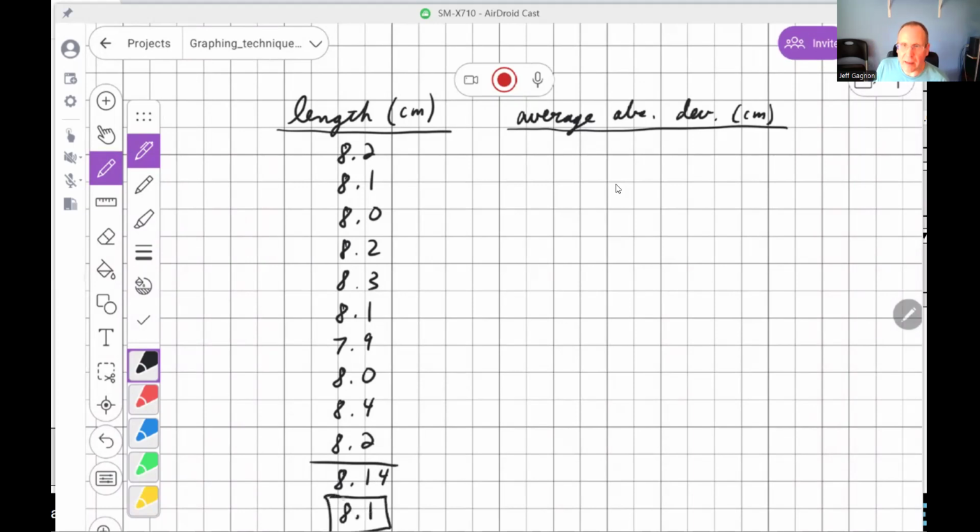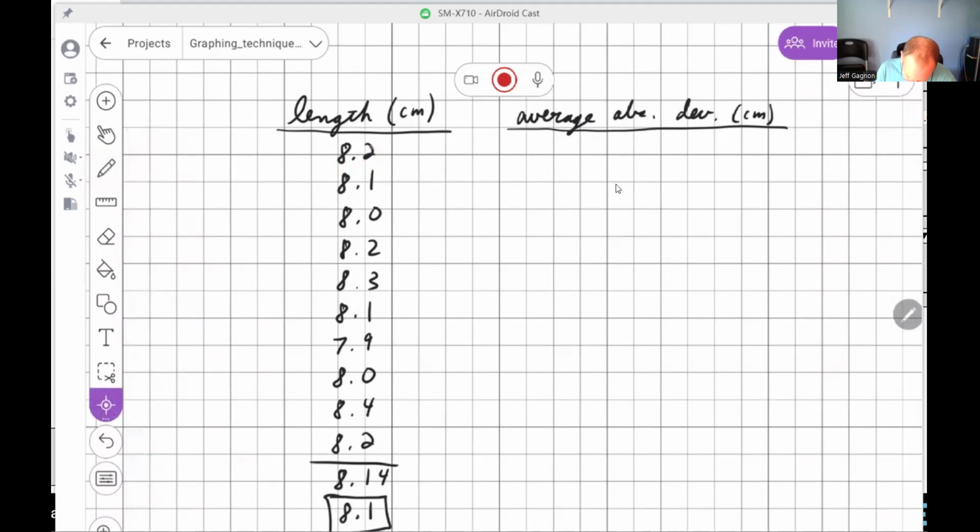Okay, the next thing that you want to do is create the second column here. The second column is what's called the average absolute deviation. And what that is basically is how far each of these values is away from your mean.